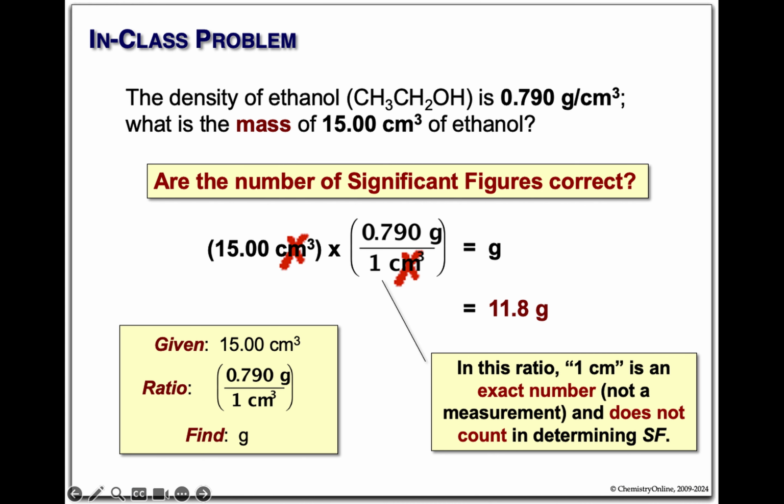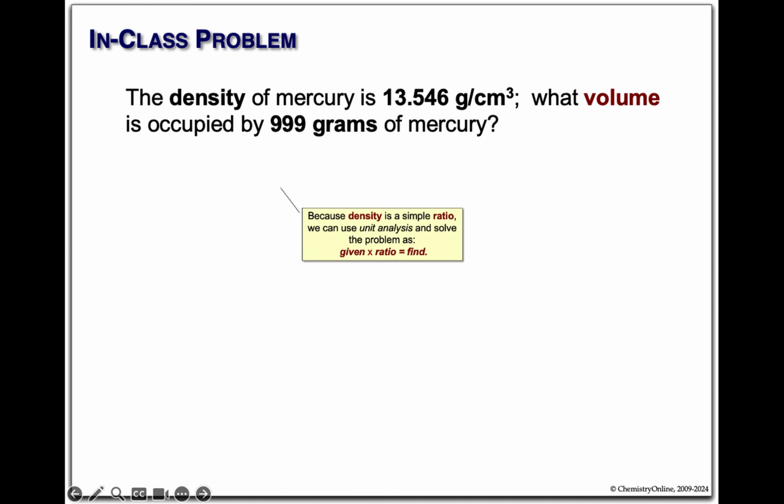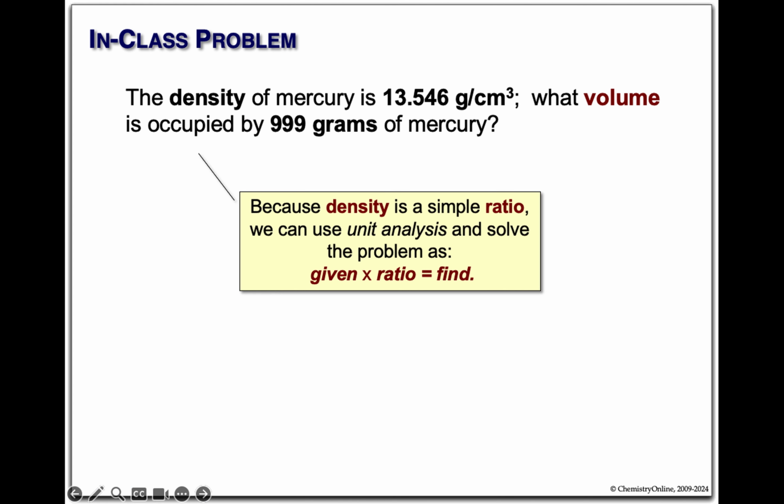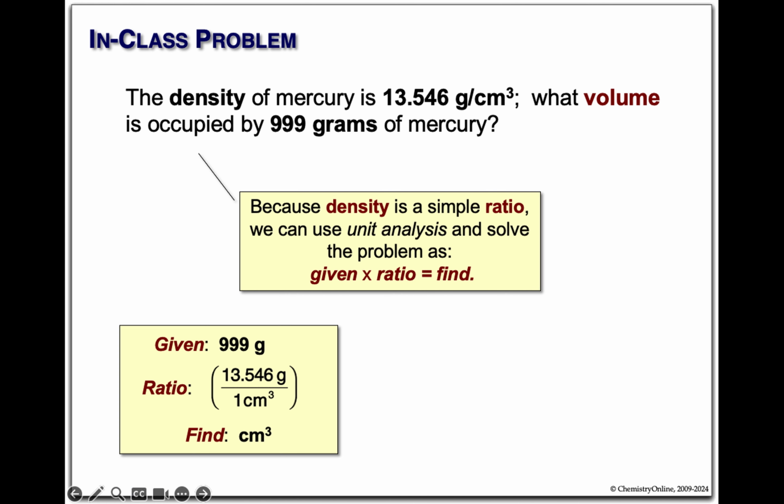Let's do it again. We have 999 grams of mercury, and we're holding our breath. There's its density. What's the volume? Let's do it with our algorithm. We are given grams of mercury. Here is our density.